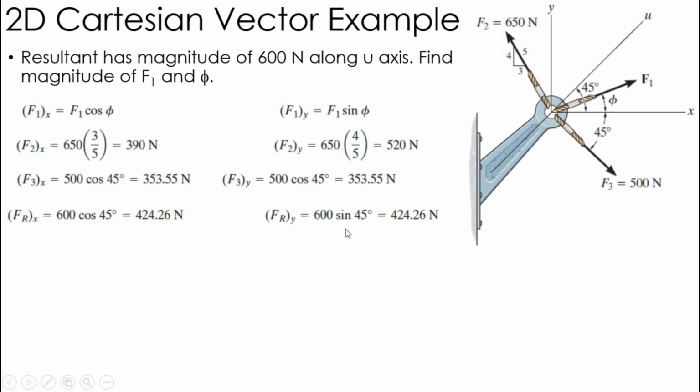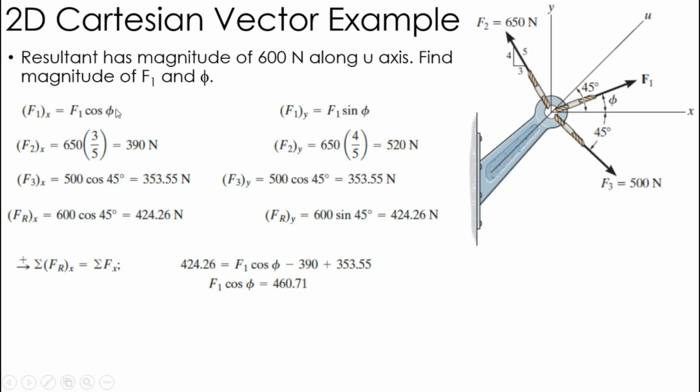So now when I add up the x components and add up the y components, I'm solving for something other than the resultant. So in the x direction, my resultant in the x direction is 424.6, and that's going to be equal to F1 plus F2 plus F3 in the x direction.